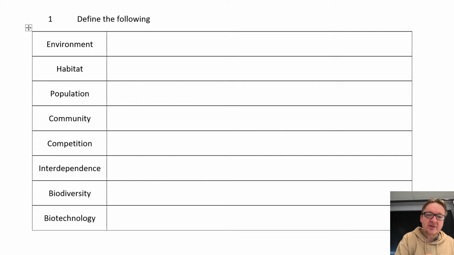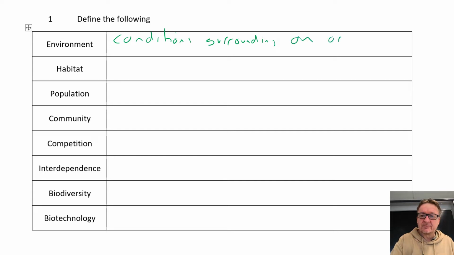So the environment is the conditions surrounding an organism. Okay, that is your abiotic and your biotic factors, right?